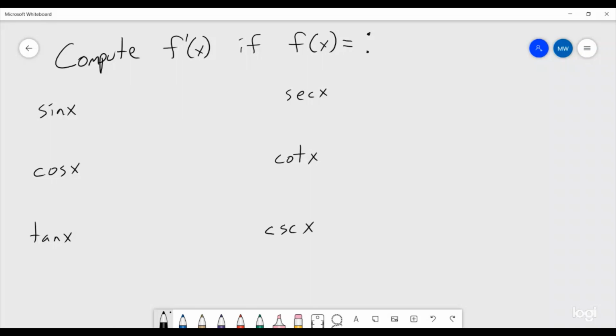So go ahead and compute all 6 of these derivatives. Go ahead and pause the video if you need, but we are going to go through all of these together in a moment.